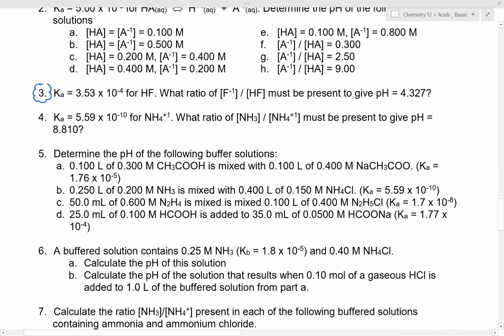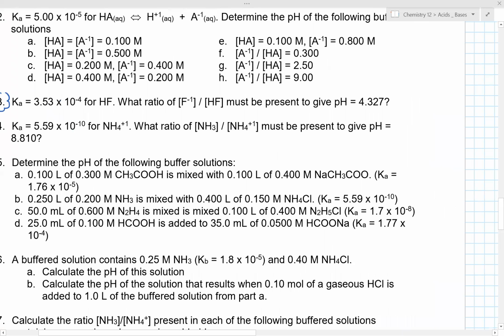Now, for question number 4, it says the Ka is 5.59 times 10 to the negative 10 for NH4 plus 1. What ratio of NH3 to NH4 plus 1 must be present to give a pH of 8.810?